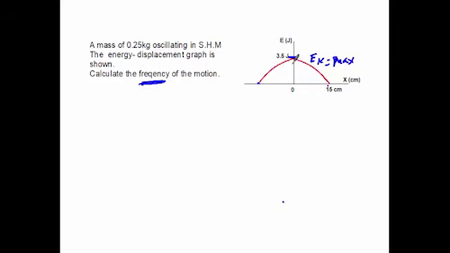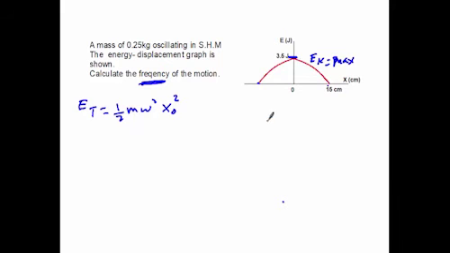So we can write our total energy equal to half m omega square x naught square.